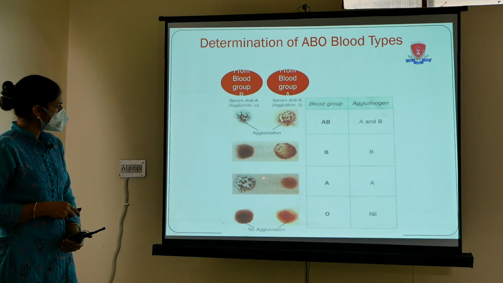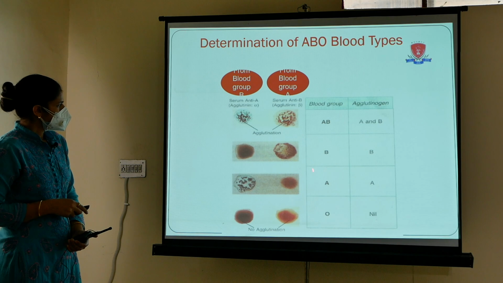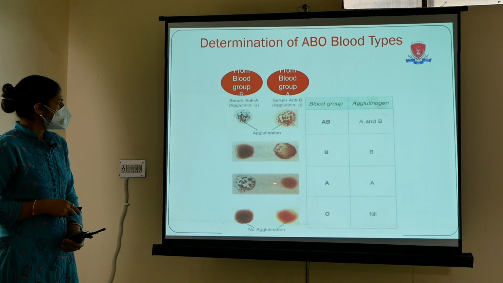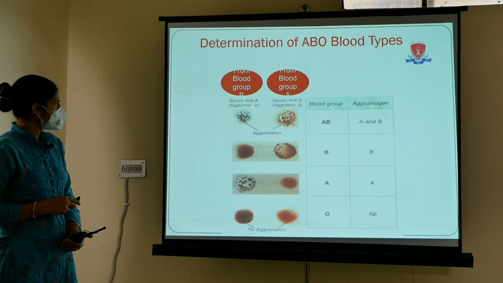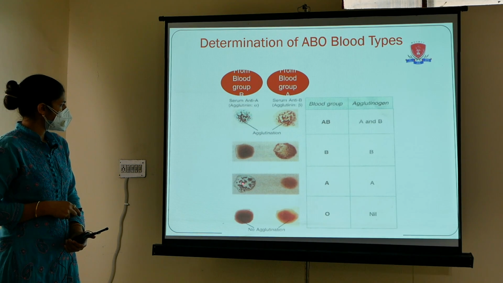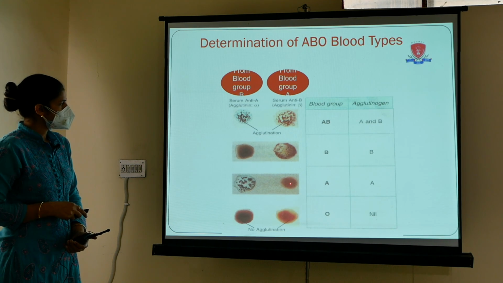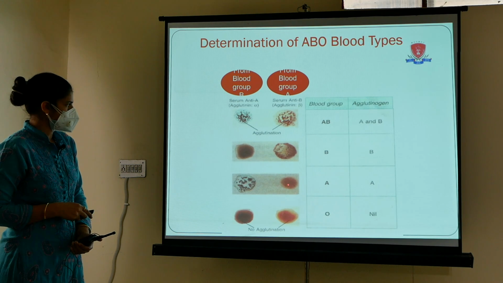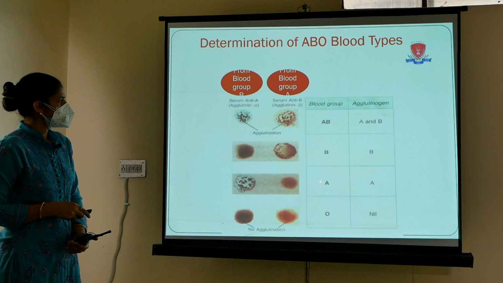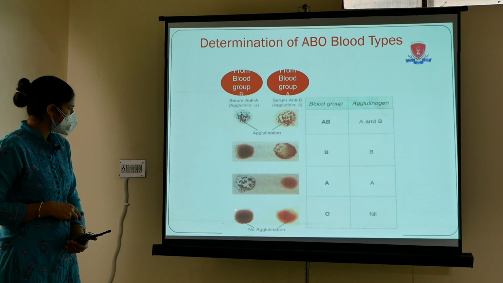In the third row, blood group A. In blood group A, antigen A is present and this antigen reacts with anti-A and shows agglutination, but anti-sera B does not react with this blood drop, which means antigen B is absent. So in blood group A, antigen A is present.